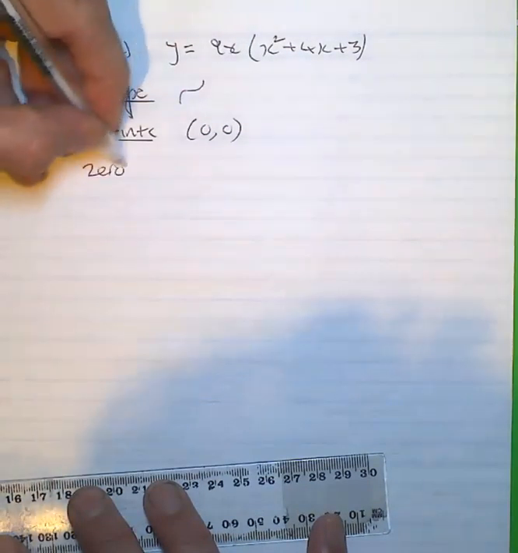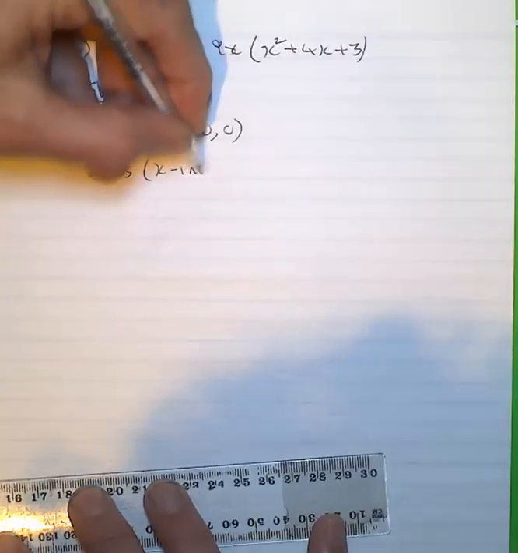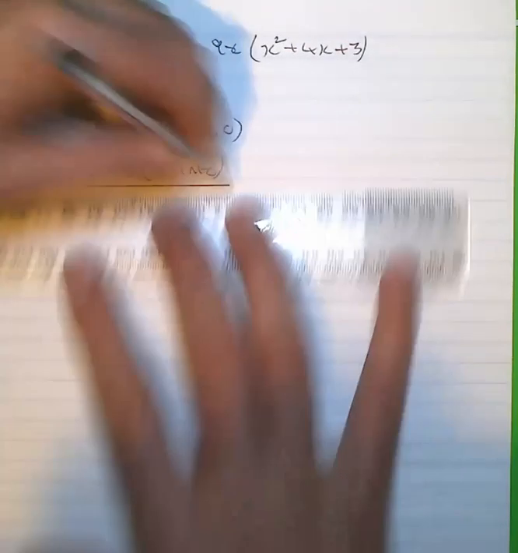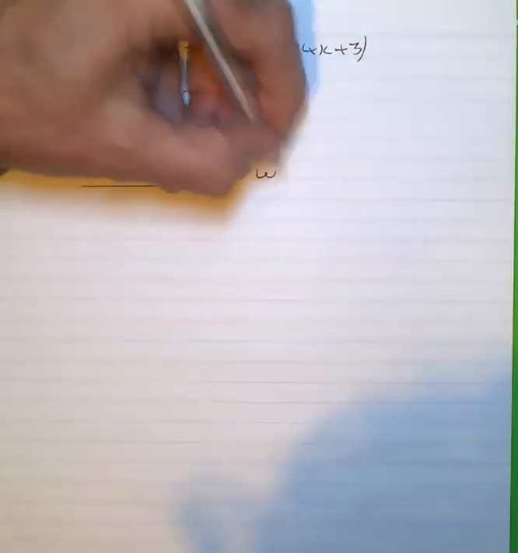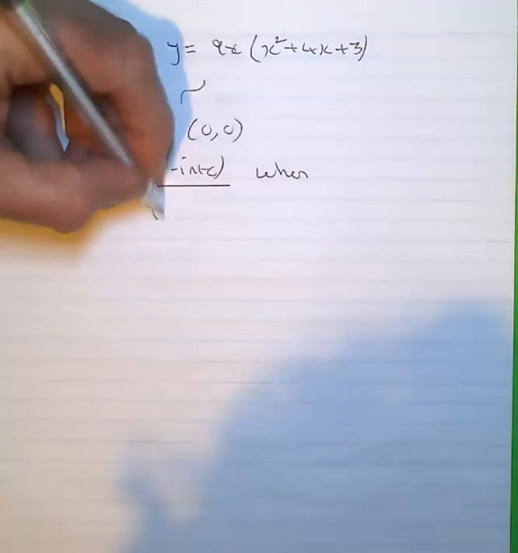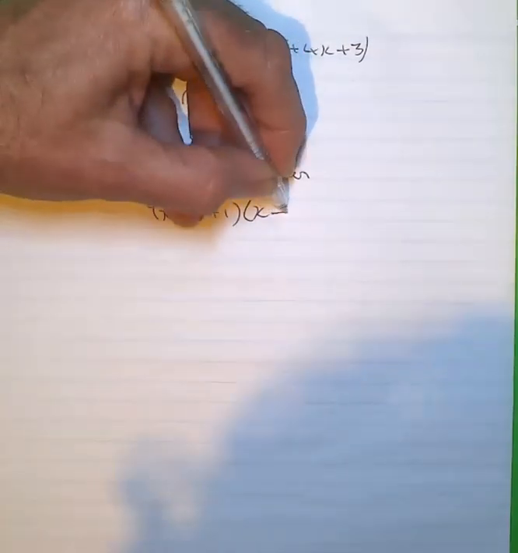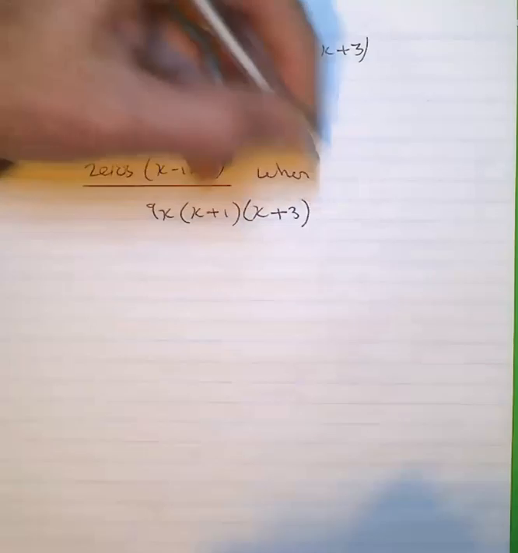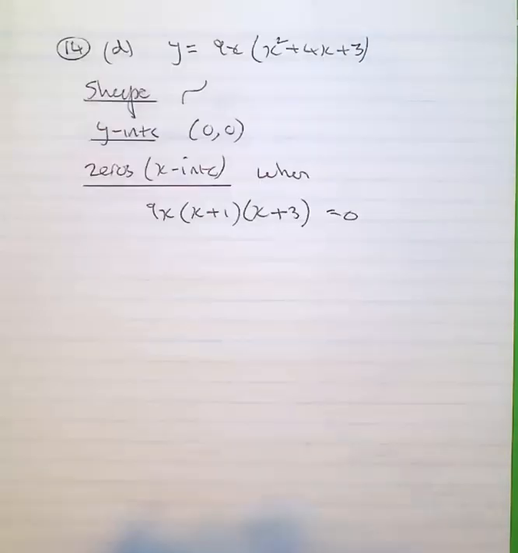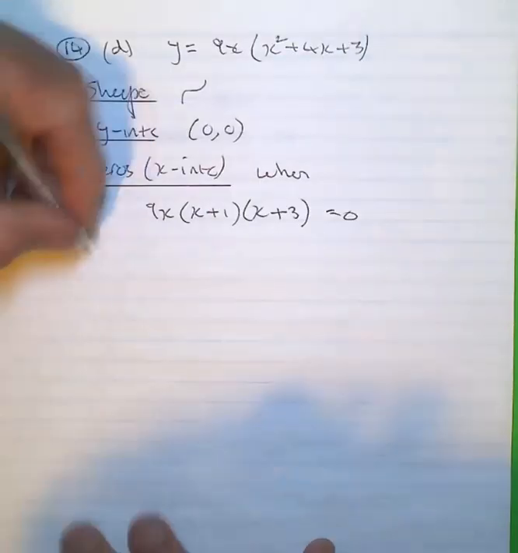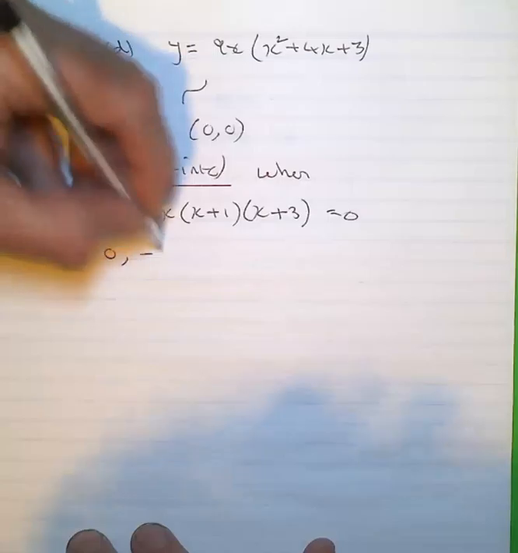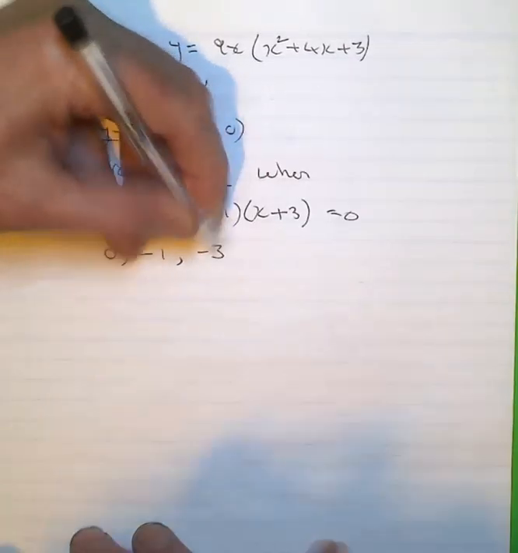The zeros, or the x-intercepts, we need to factorise that. And that comes down to x plus 3, lots of x plus 1 equaling 0. So I'm going to have zeros at 0, -1, and -3.